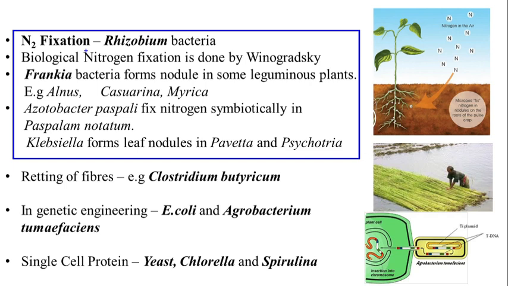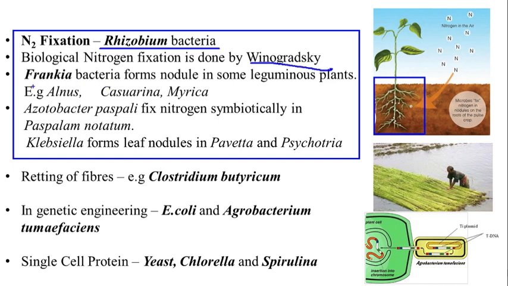So certain plants, especially the legume plants, have Rhizobium bacteria in their root nodules, and this Rhizobium converts N2, that is atmospheric nitrogen, into ammonia. Biological nitrogen fixation was discovered by Winogradsky.